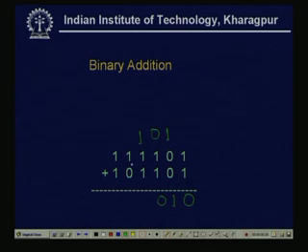Now, we see this value, so actually this is 1 plus 1, for this I am getting 1 plus 1 plus 1. So, here 1 plus 1 means sum is 0 and carry 1.